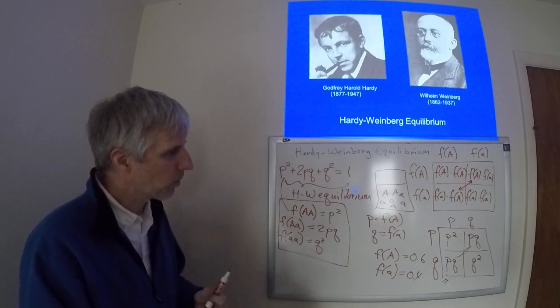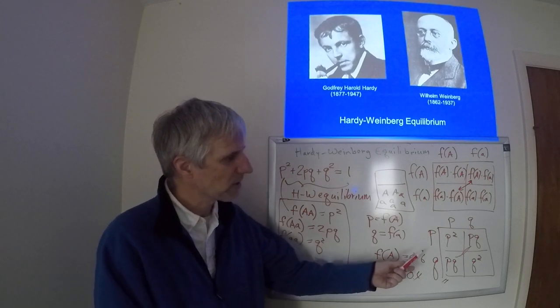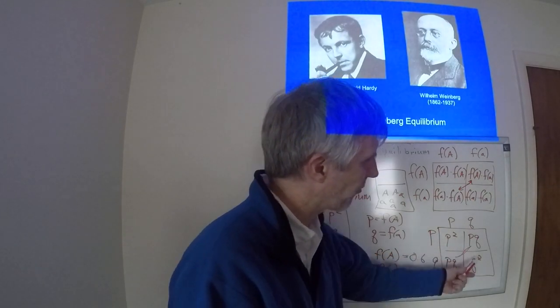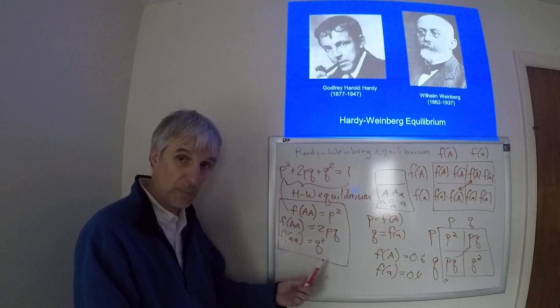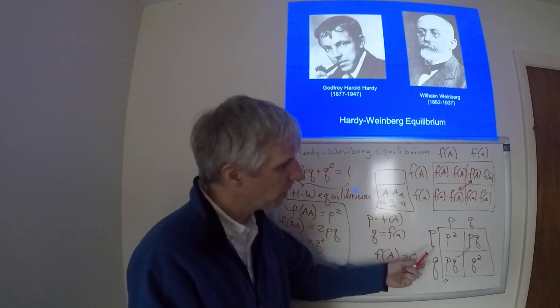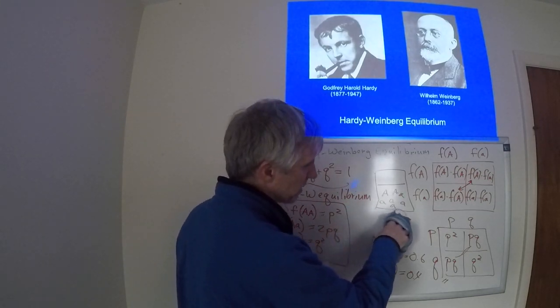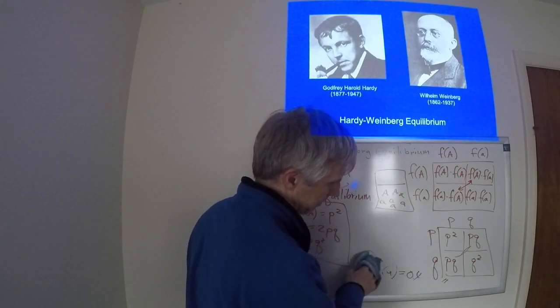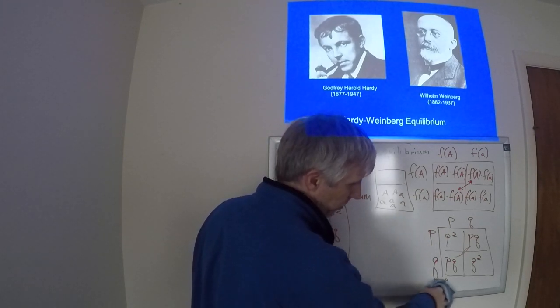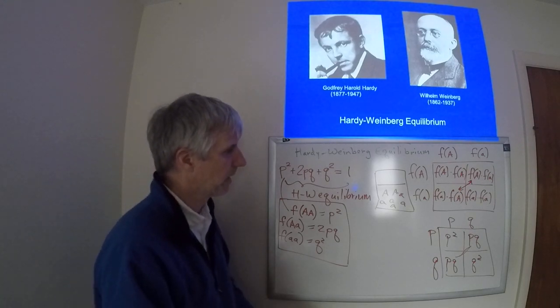So their argument was that these are actually the genotypic frequencies that are expected if we follow certain rules with the alleles in this bucket.